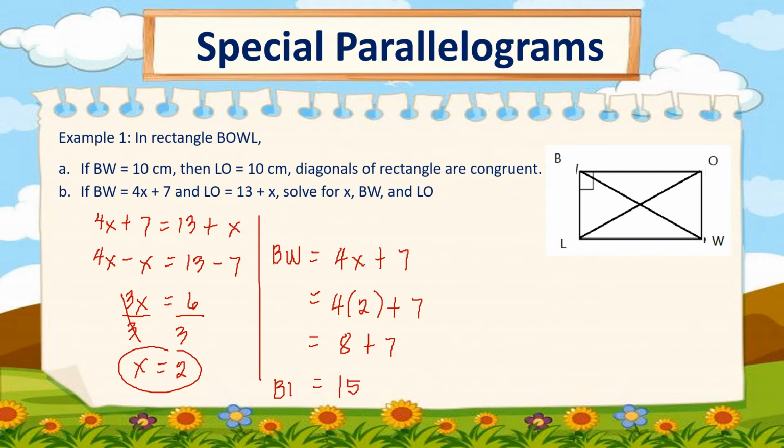Therefore, the length of diagonal BW is equal to 15. Since BW and LO are congruent, remember the diagonals of a rectangle are congruent. We can also say that the length of LO is also 15.